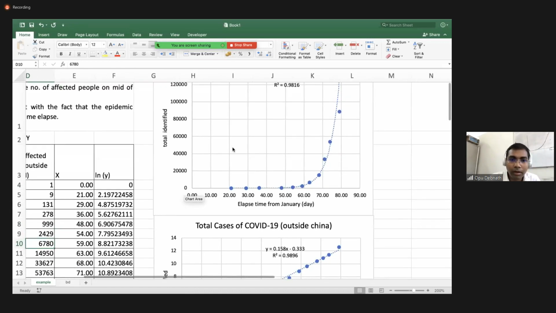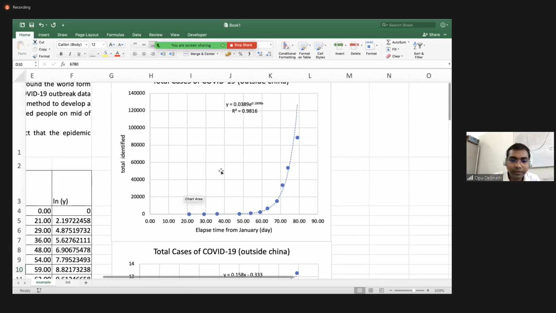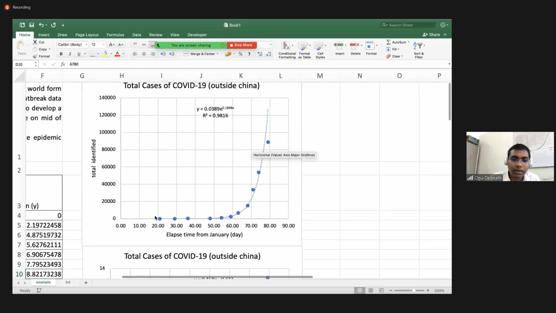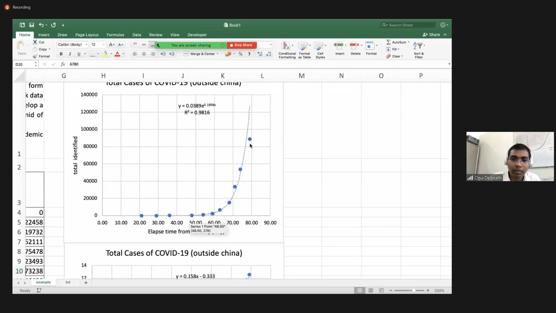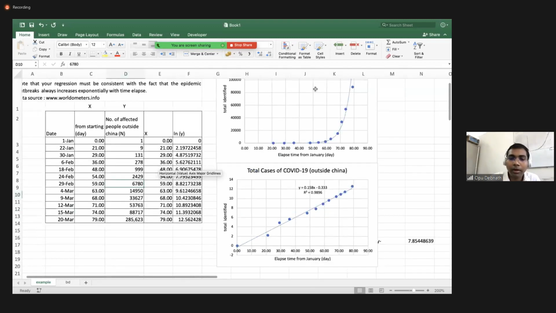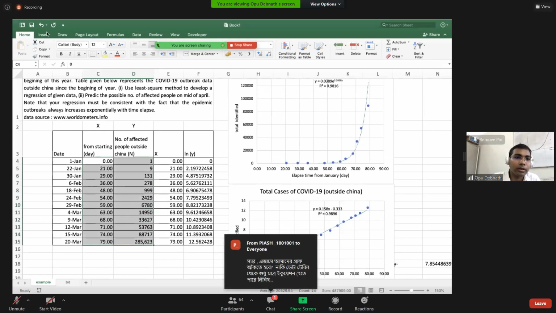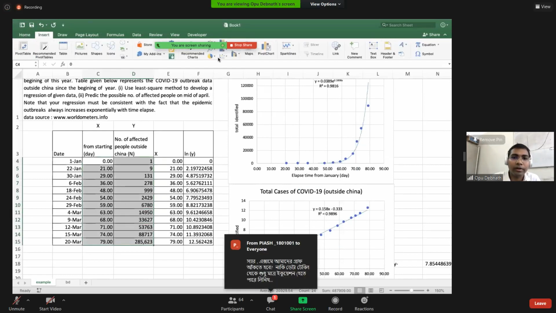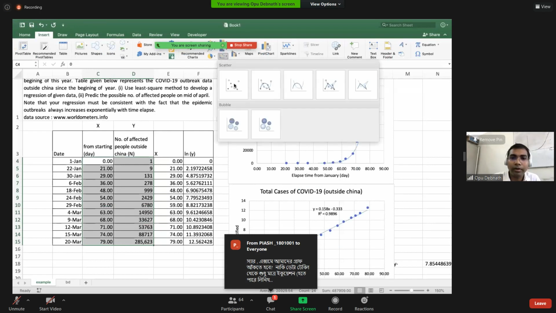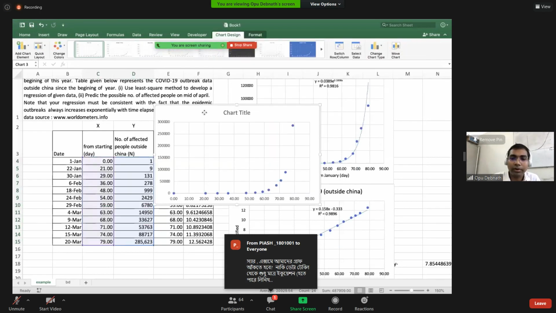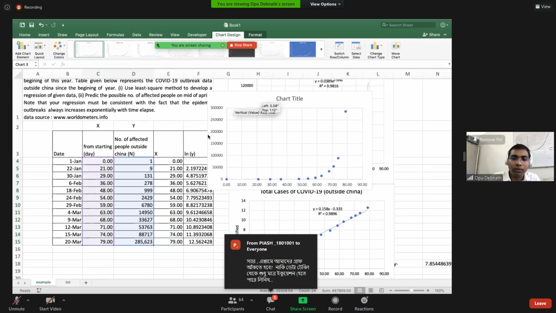Anyway, look at this graph. First you set all the points. I want to show how you do it in Excel. Suppose you take this data and you want to insert some scattered points.